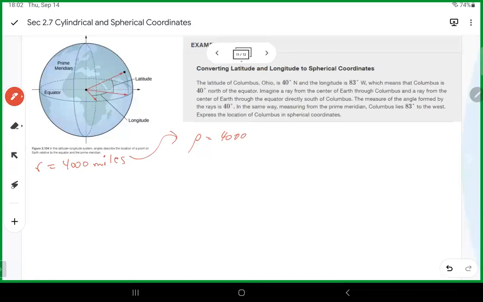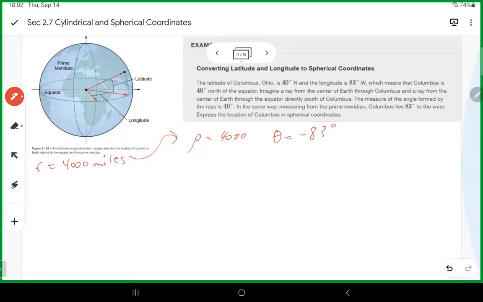So that's where we get that. And the intersection of the prime meridian and the equator lies on the positive x-axis. Movement to the west is then described with negative angle measurements, which shows that theta would be equal to negative 83 degrees.